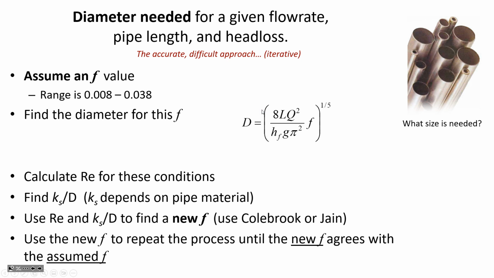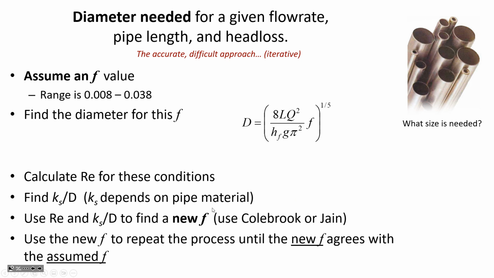Once we know the diameter, you can calculate the Reynolds number, and with the Reynolds number, the equivalent sand roughness and the pipe diameter, you can find an updated f value with either the Colebrook equation or the Jain equation, or maybe even a Moody diagram.